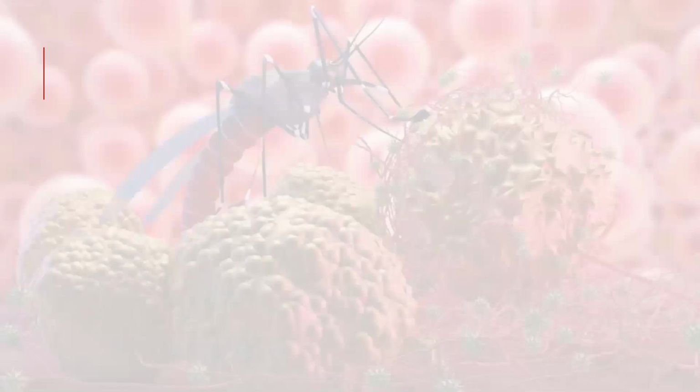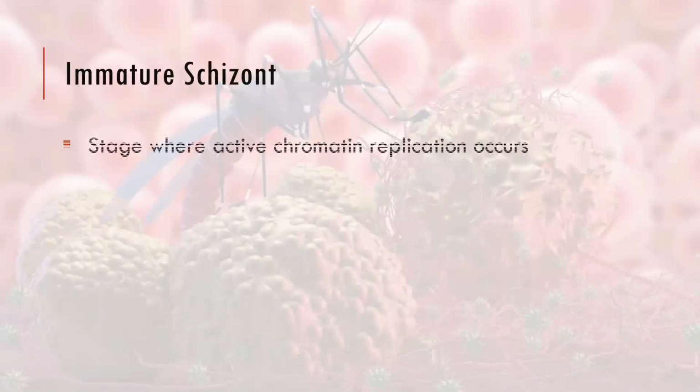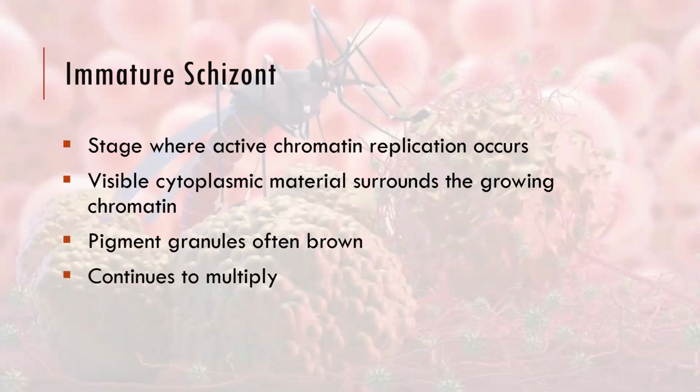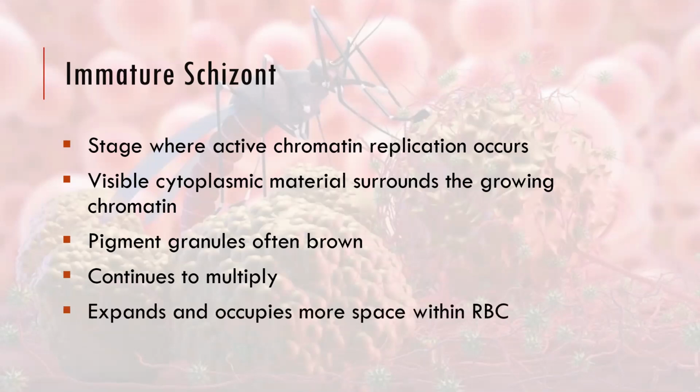On the other hand, we have the immature schizont. Immature schizont is the stage where active chromatin replication occurs. Take note of this: there is a visible cytoplasmic material surrounded by growing chromatin, often brown, and there is continuous multiplication. If you recall, the ring form is just a ring formation in the red cells.